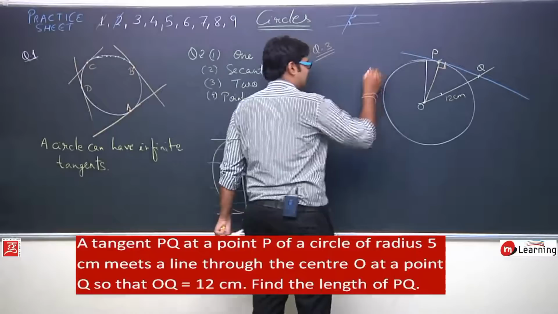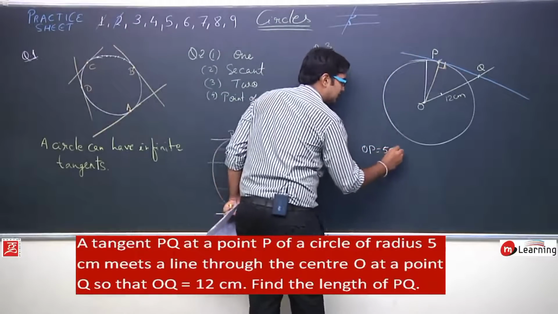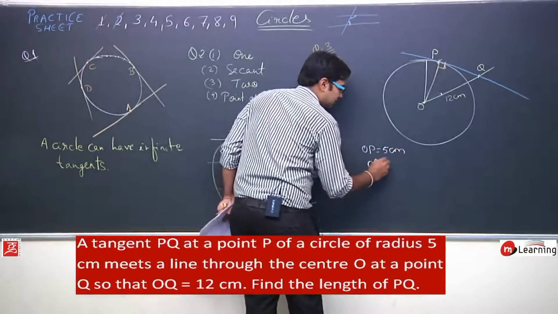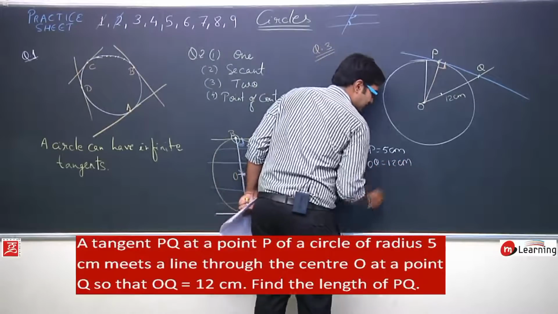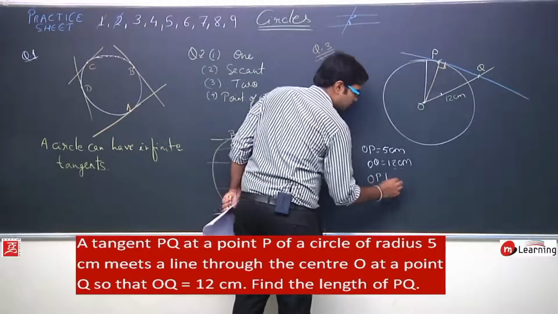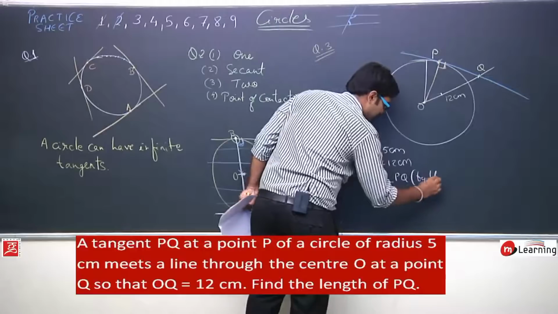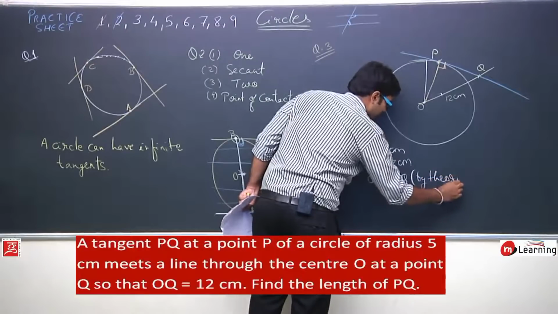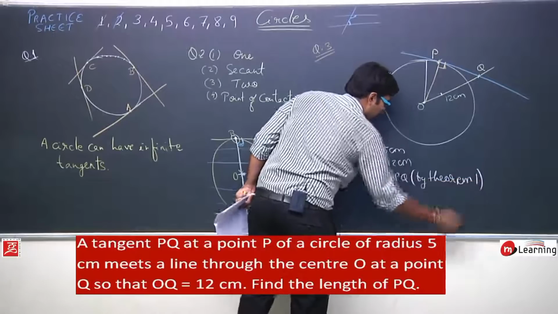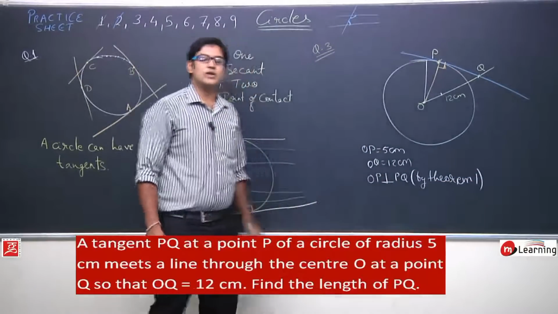So OP is equal to 5 centimeters, OQ is equal to 12 centimeters, and we have OP perpendicular to PQ by theorem 1.